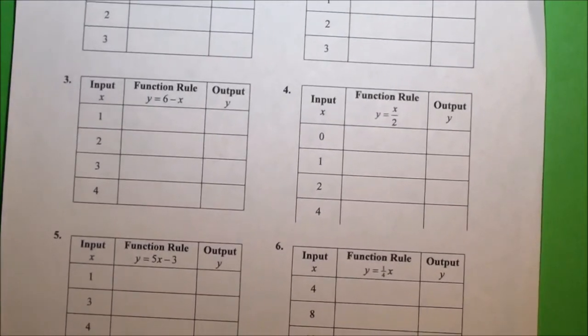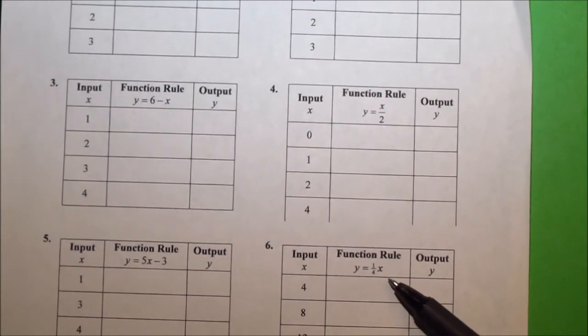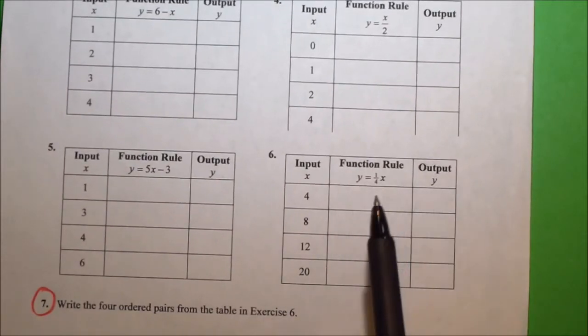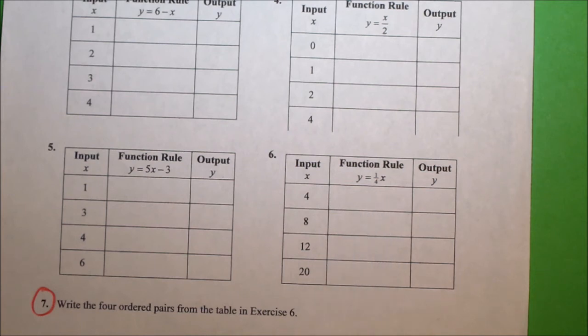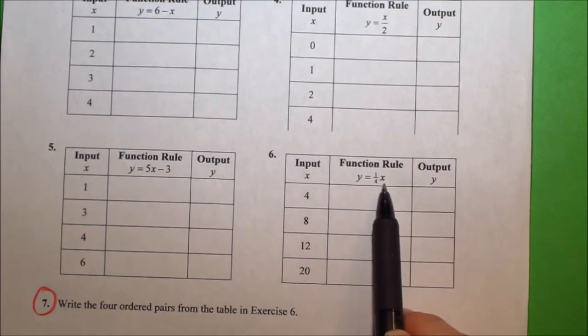I'd like to point out, because students, as soon as they see decimals or fractions, kind of go, okay, let's remember real quick how to do on number 6 here. So when it says 1/4 times whatever you're going to plug in for x, remember that means 1/4 of that. That means divide whatever this is into 4 parts.